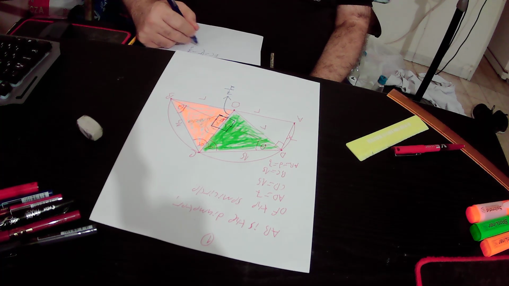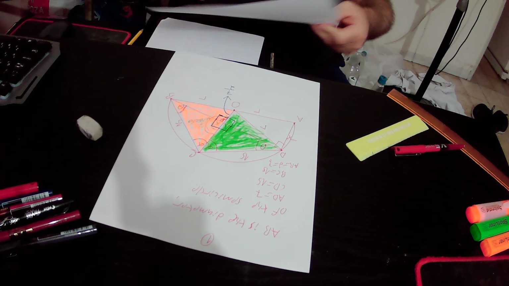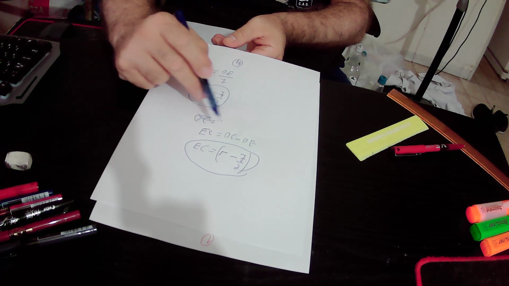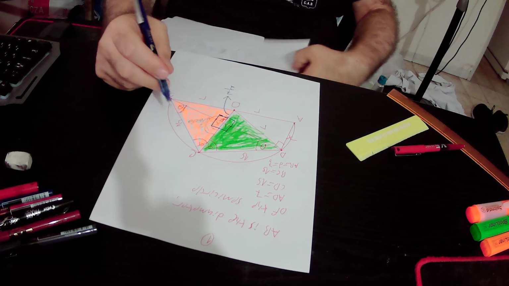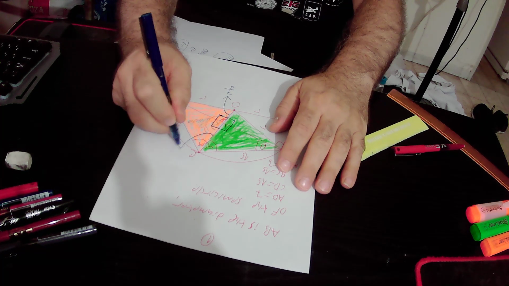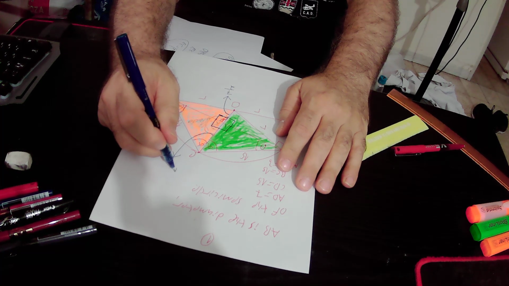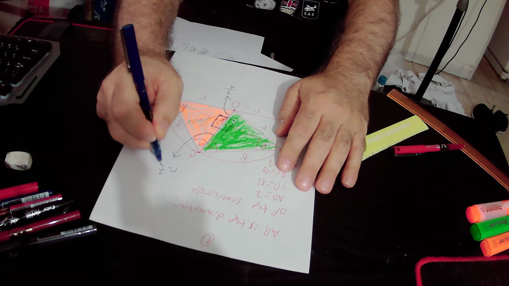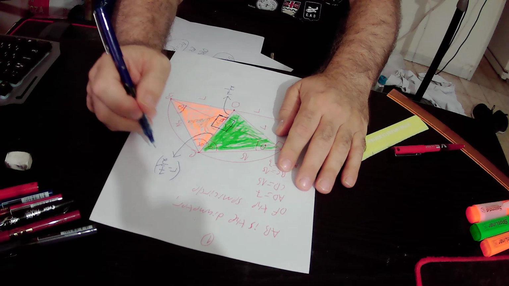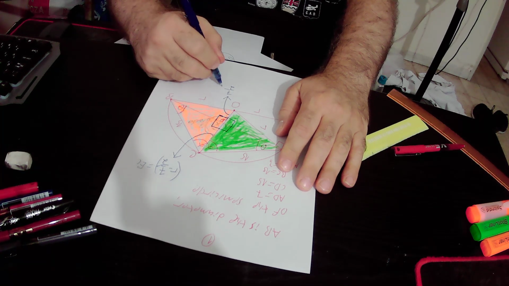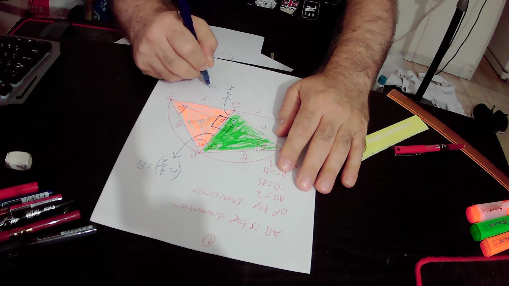So in total, EC equals R minus 7 over 2 units. Okay, that is the value of EC, and this is the value of OE.